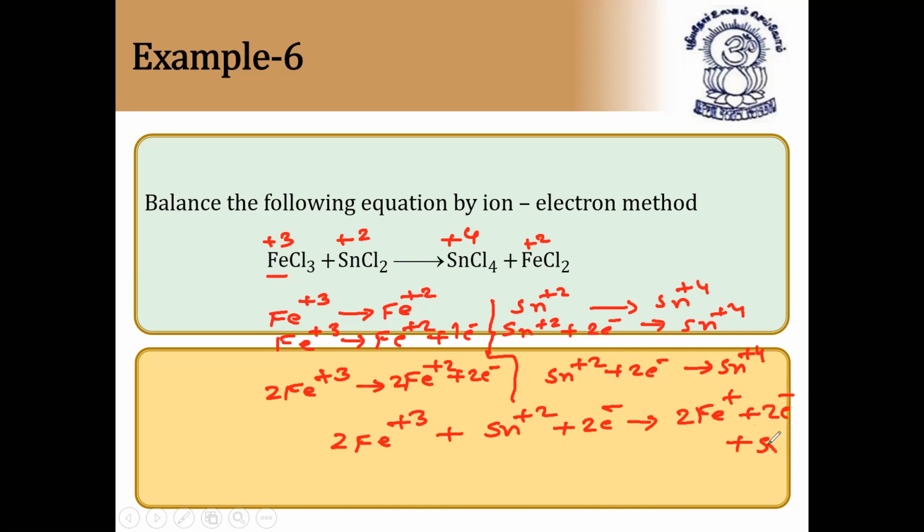Now adding and equating both equations, these 2 electrons get cancelled. So finally, for iron, you'll get 2.